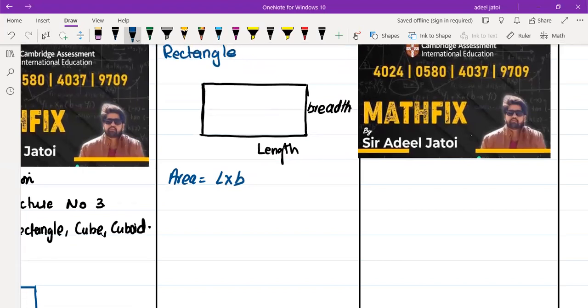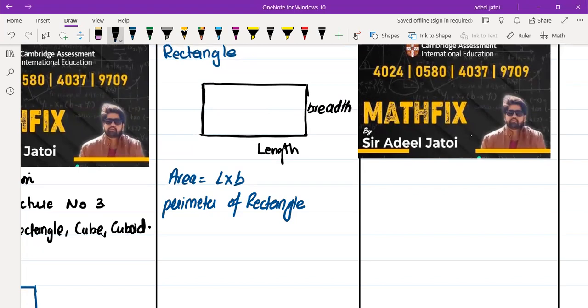So when we need to find out the area of the rectangle, it will always be L into B. The other thing that the examiner will ask us is the perimeter of the rectangle. Now remember, rectangle is a 2D shape, so you can't have the volume or the surface area. You'll be finding out the area and the perimeter.